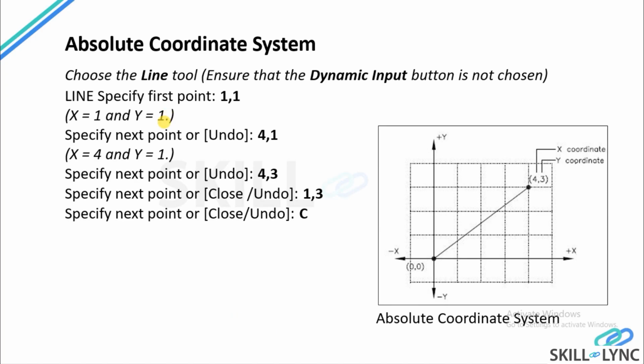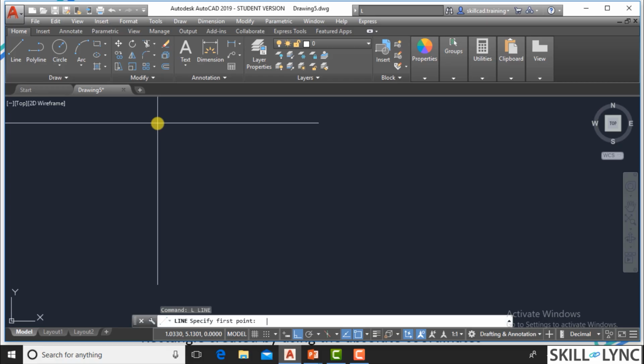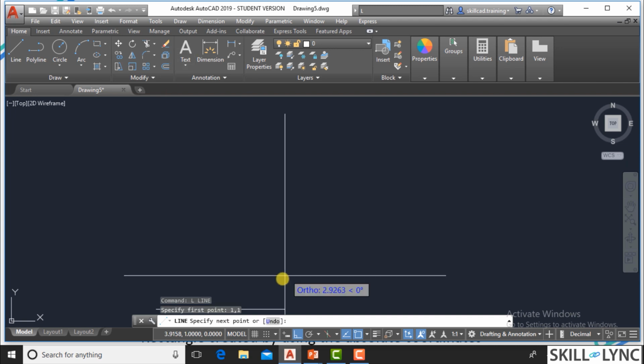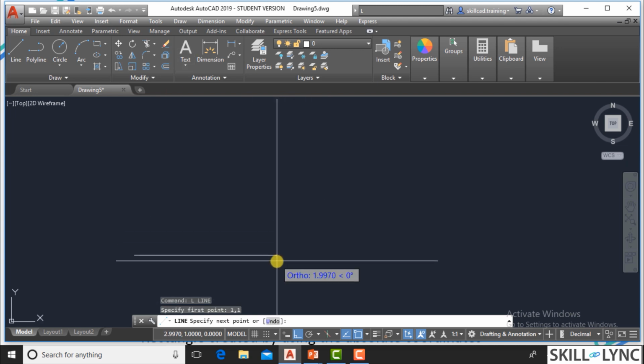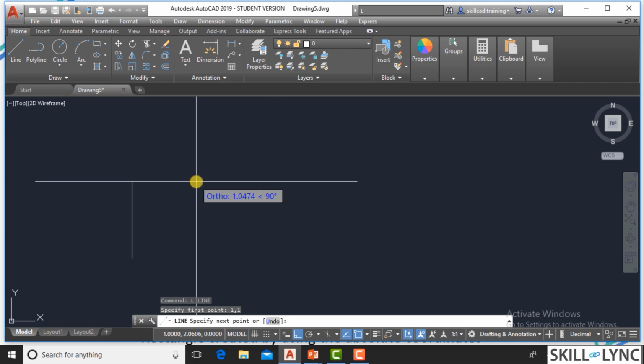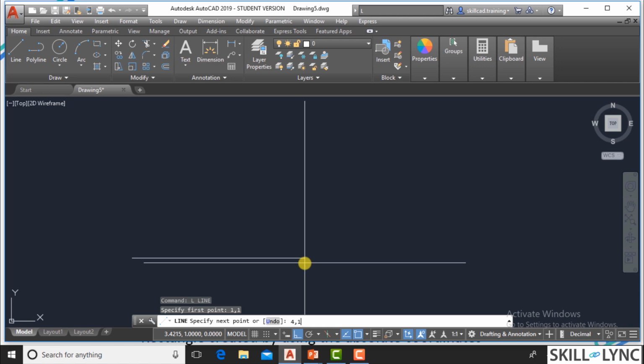Here we need to create this rectangle, an easier one, with the absolute coordinate system. So let's start. The start point is 1, 1. Go with the line tool, and the first point is 1, 1. Just use the middle mouse button, so you can roll it down. 1, 1 is the first point, and then you have 4, 1.